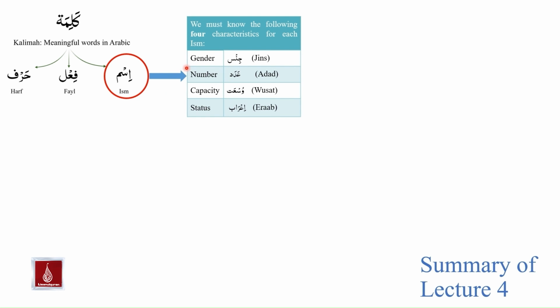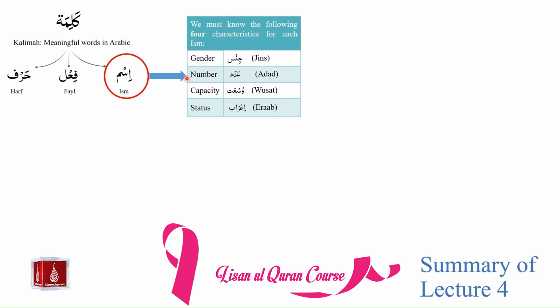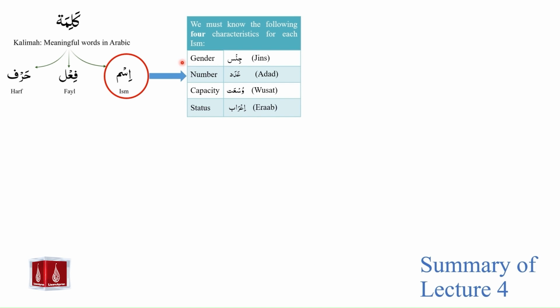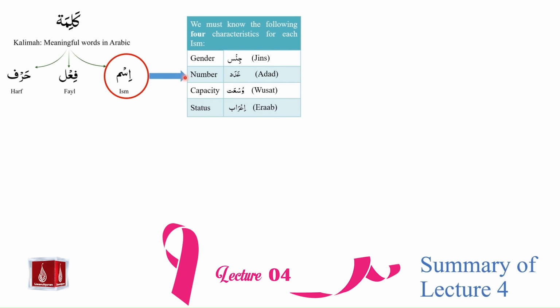We need to know the gender of the ism, number of the ism, capacity of the ism, and status of the ism. We previously studied gender of ism in detail, and in this lecture we studied number or adad of ism.